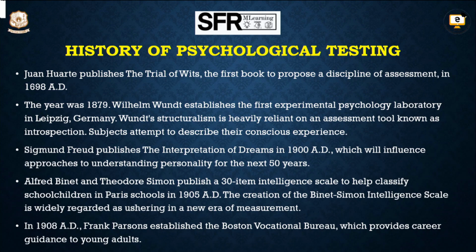And Charles Spearman spoke about intelligence, and intelligence consists of two factors: one is general intelligence and the other one is specific intelligence. General intelligence is also called the G factor, and specific intelligence is called the S factor. All the cognitive and innate abilities that the individual possesses are considered general intelligence. For example, we are able to read, we have the ability to write, we have the ability to solve basic mathematical problems.